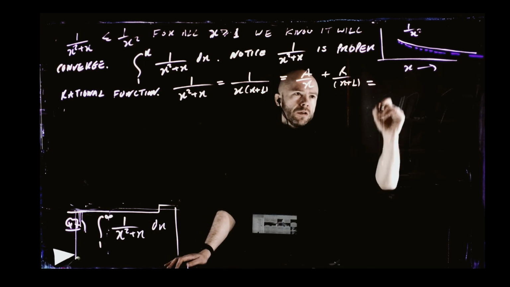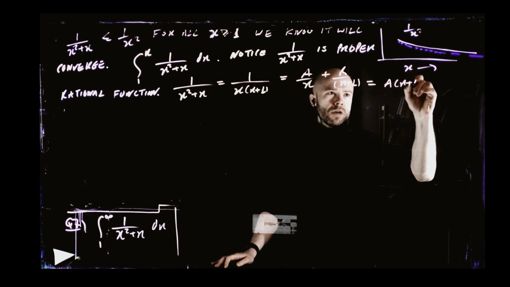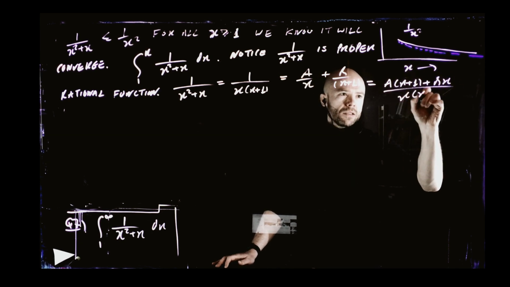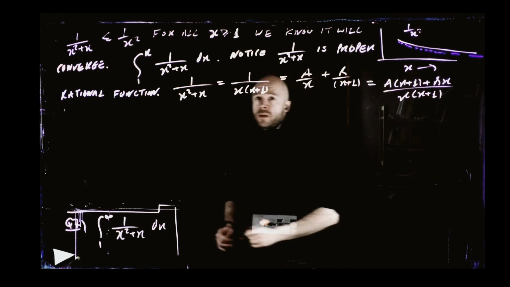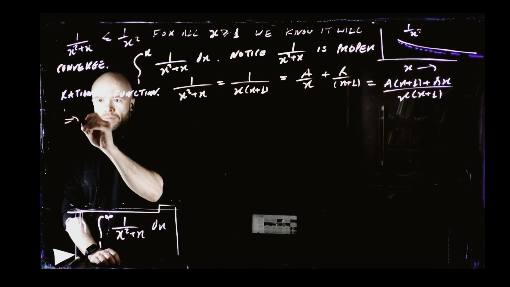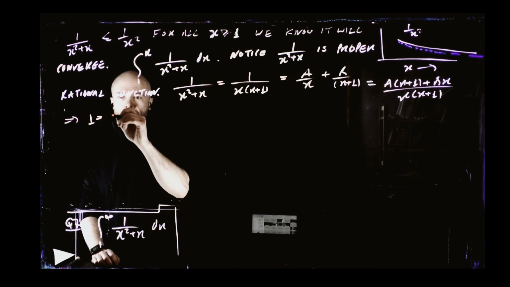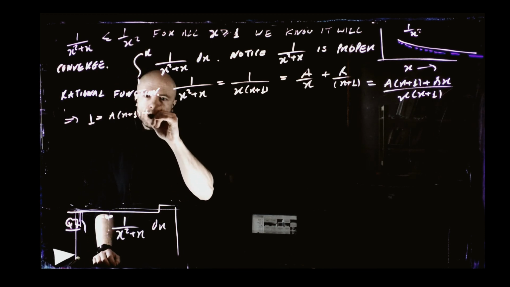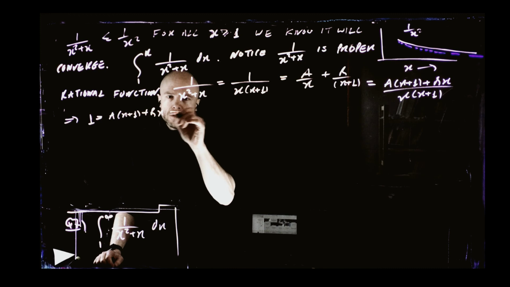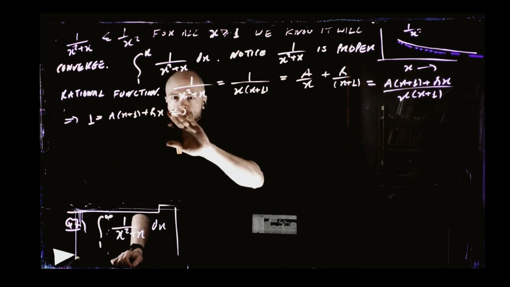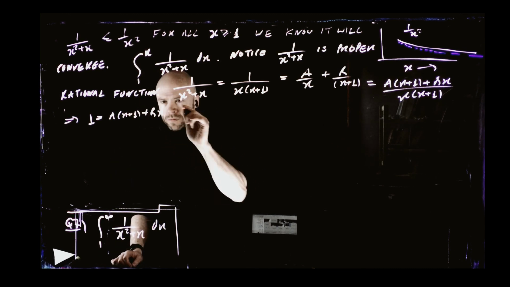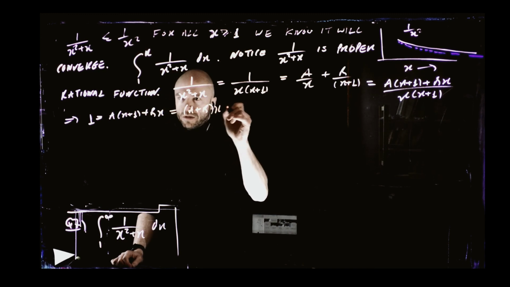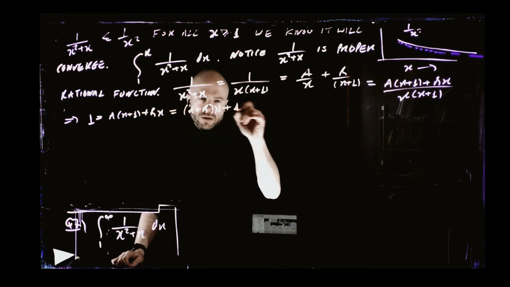We make a common denominator, and this implies that 1 is equal to a times x plus 1 plus b times x, which is equal to a plus b times x plus a.